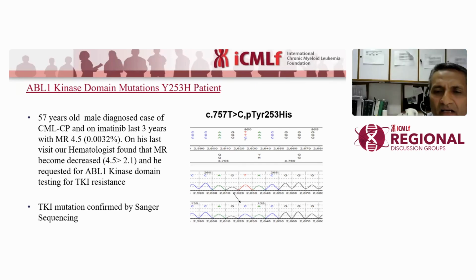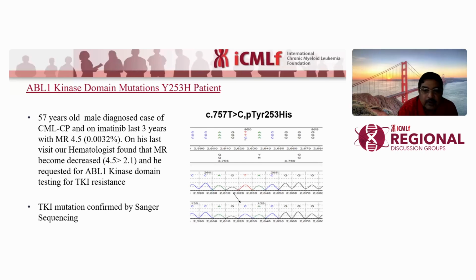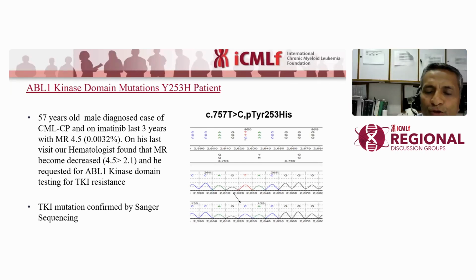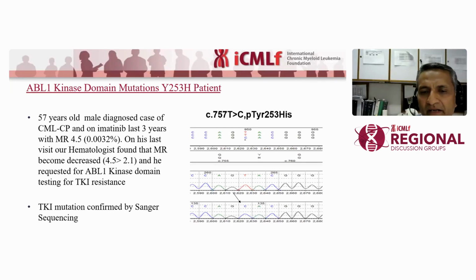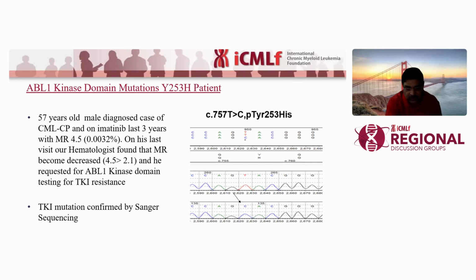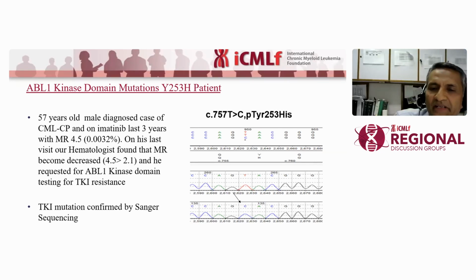So this is a limitation. Yes, Dr. Mishra, this is our limitation. We cannot proceed until the quantitative BCR-ABL result is in our hand. You have to do quantitative PCR prior to Sanger sequencing. Yes, this is mandatory.